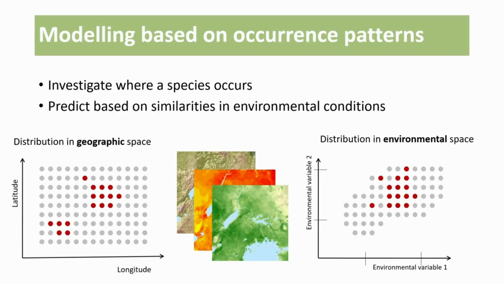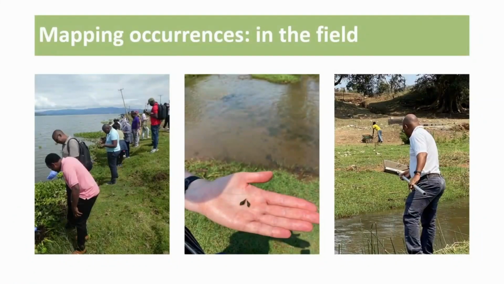And then we could think that in other places that have similar environmental conditions, well, that's where the species might also occur, or in the future, that's where the species might migrate towards. So if we're going with this strategy, and we call it correlative modeling, it always starts in the field. So here are some photos of field trips with the Prepared-MOOC project. So it always starts with people scooping snails in the aquatic vegetation, identifying the snails.